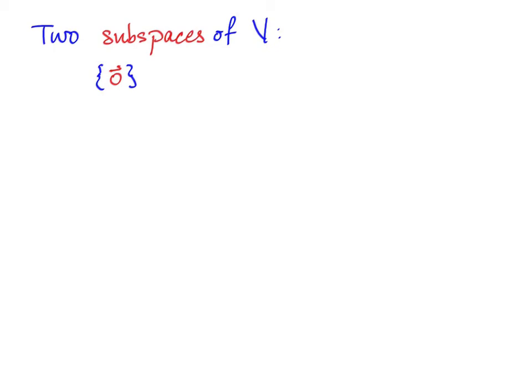It could be a zero polynomial, a matrix of all zeros, whatever the additive identity element is in your vector space. If you just take that element, call that a subset, it turns out it will be closed under addition and closed under scalar multiplication. And so that's a subspace. It's not a very interesting one, so we call it the trivial subspace.